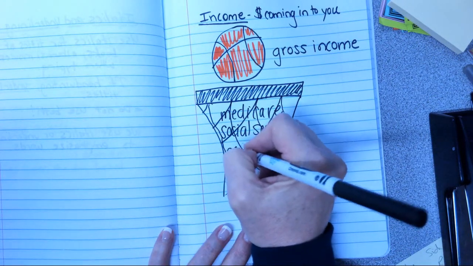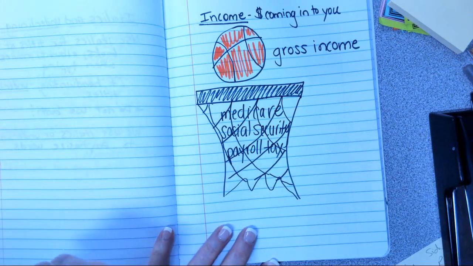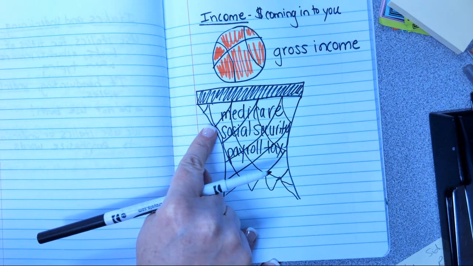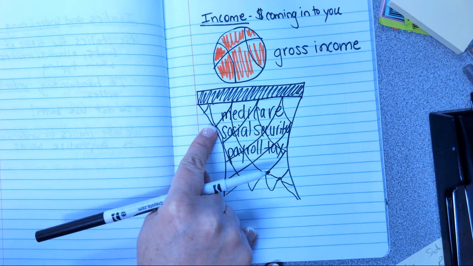And payroll tax gets taken out and sent to the federal government, to the IRS. We learned about those yesterday. We learned that Medicare and Social Security are little bits of money that they take out of every check in order to save it for when you're sick or old and can't work anymore, so that you have a way to have food and medicine.